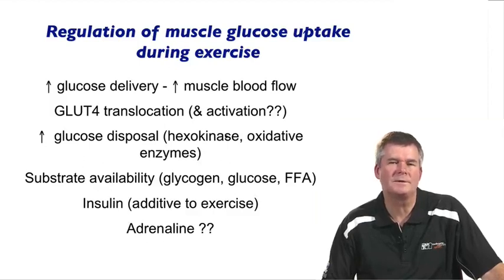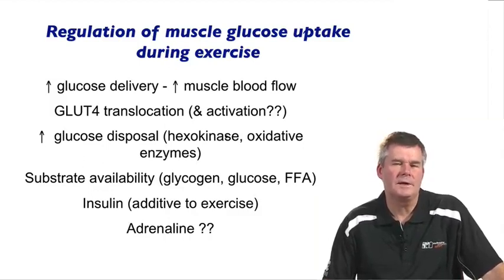And that's why exercising type 1 diabetics often take lollies with them to rapidly increase their blood glucose level if they feel that their blood glucose levels are going low, or if they feel what's called hypo. And finally, circulating adrenaline, which increases with increasing exercise intensity, has well-described effects on muscle glycogen. The effects on glucose uptake are less clear.